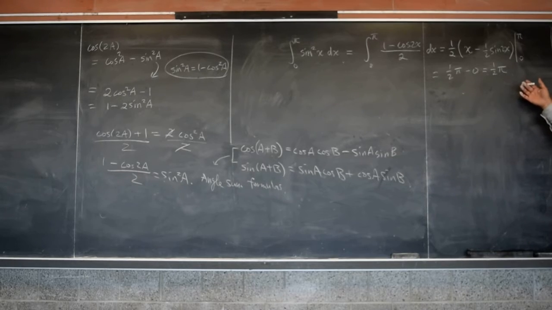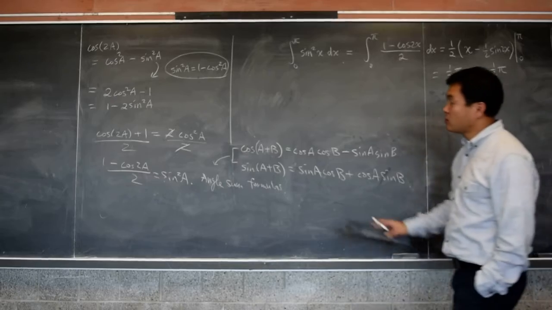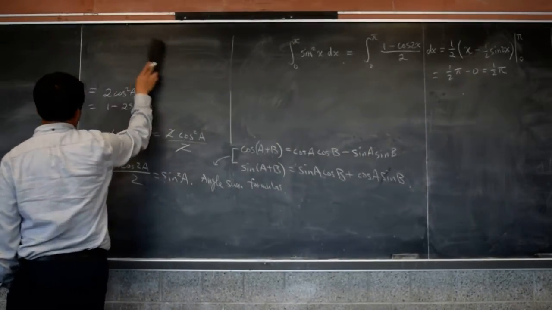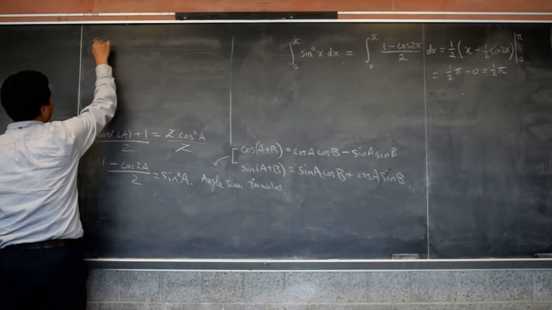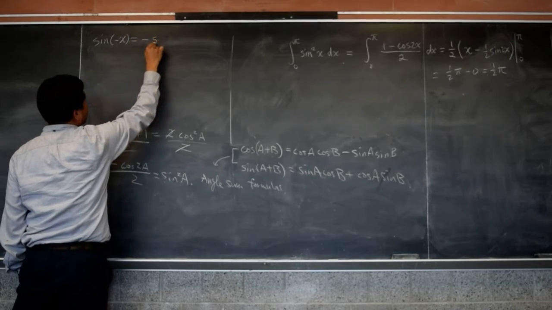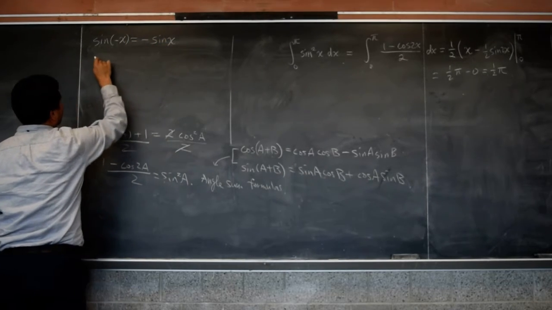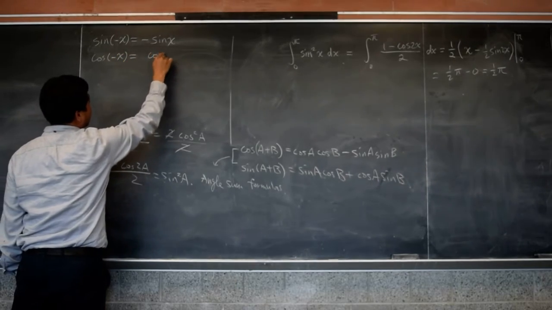And by the way, this will be one of the integrals that we'll be doing frequently. Okay. Now, in addition to this, you need to know that sine of negative x is negative sine x, whereas cosine of negative x is positive cosine x.